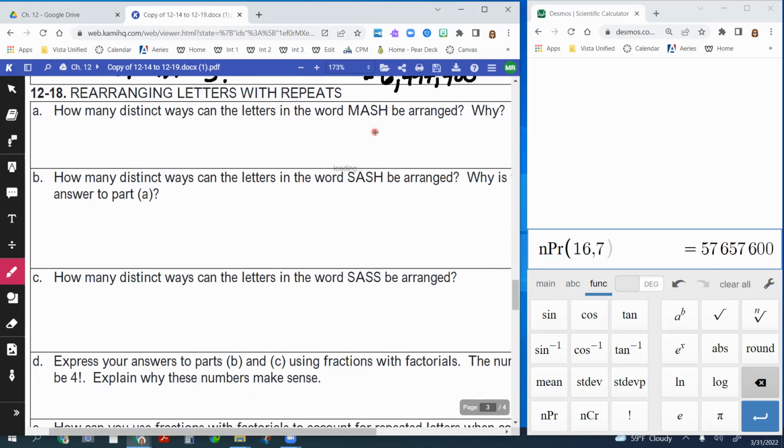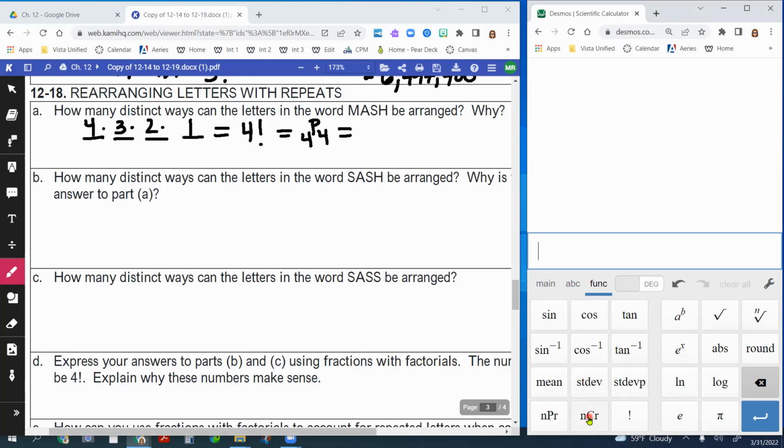Pretend like these are Scrabble tiles: 4 ways for the first, 3 ways, 2 ways, 1 way, or 4 factorial. That's also the same as 4P4, 4 things for 4 positions. All of these give us the same answer. If I do 4P4, I get 24, which is the same as 4 factorial.